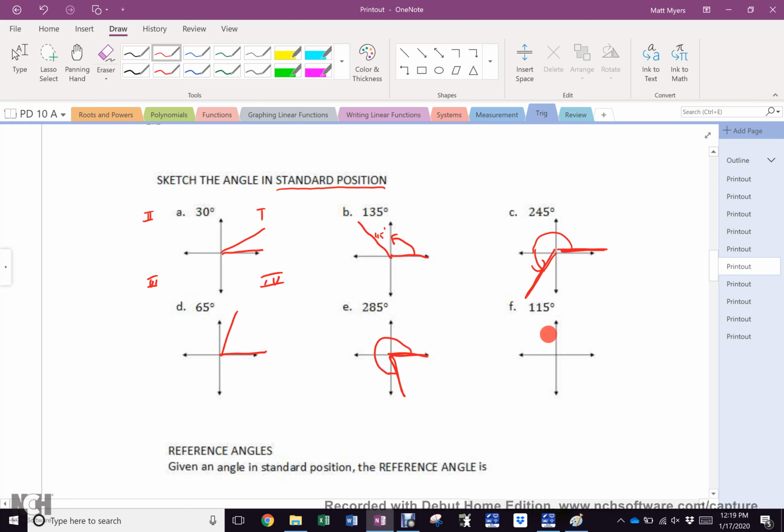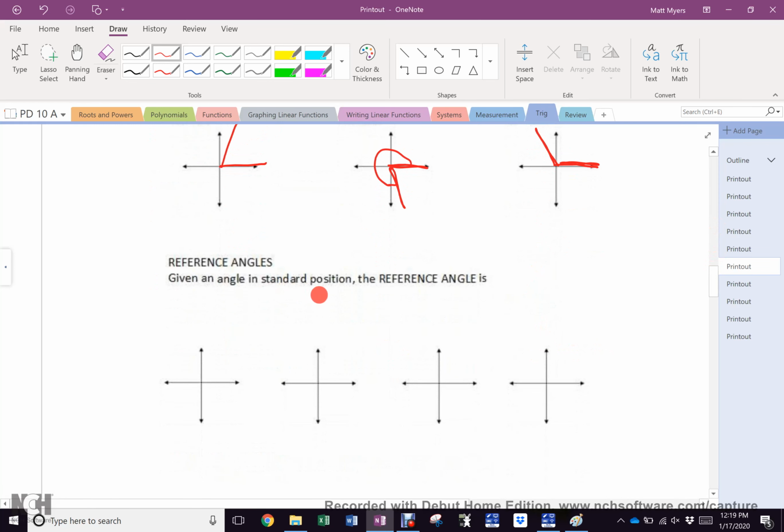Closer to the y-axis or closer to the x-axis? The y-axis. Can everybody draw an angle in standard position? Right? We just count. Go to the 90, the 180, or the 270 and add, subtract, whatever you need. Everybody good? All right.